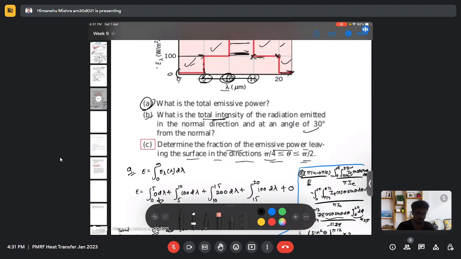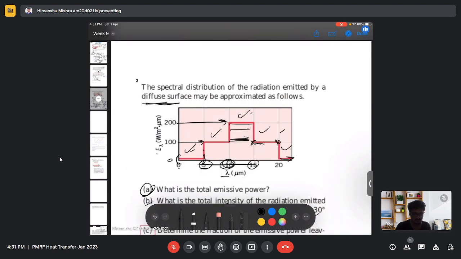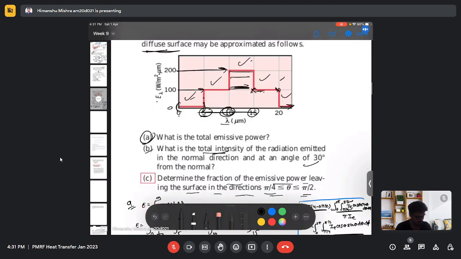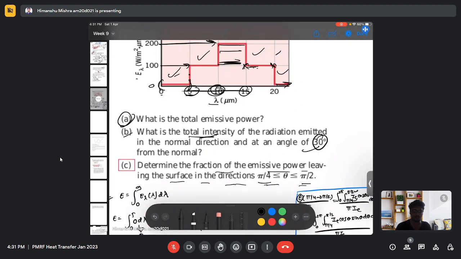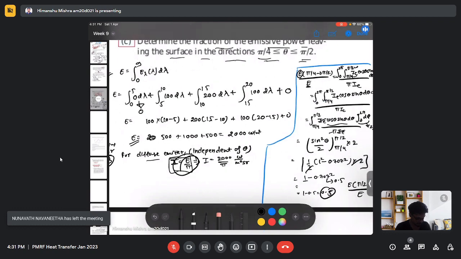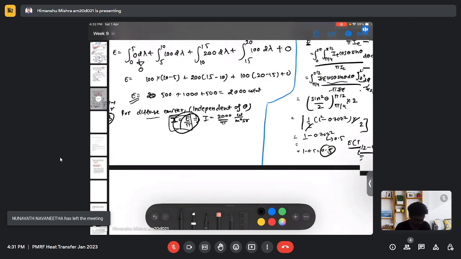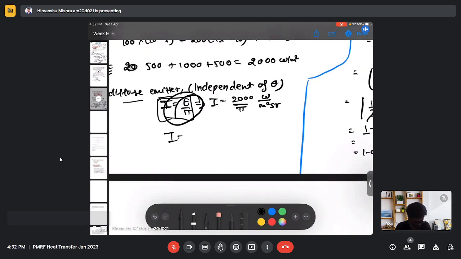Then we are asked to find the total intensity at some specific angle, but in the question it is given as the surface is diffusive in nature, which means that it is independent of direction, independent of theta, and we use the standard relation of diffusion, which is this, which means that my total power is just pi times the diffusive intensity.